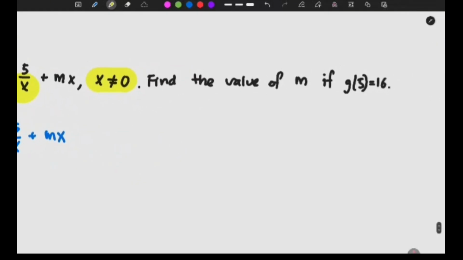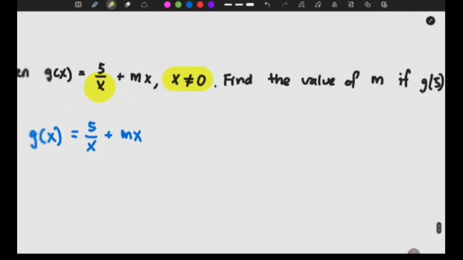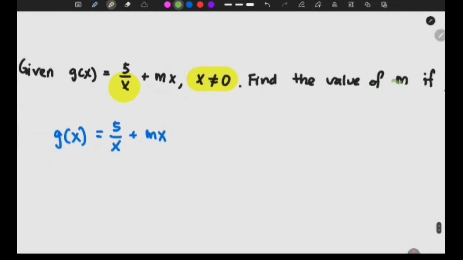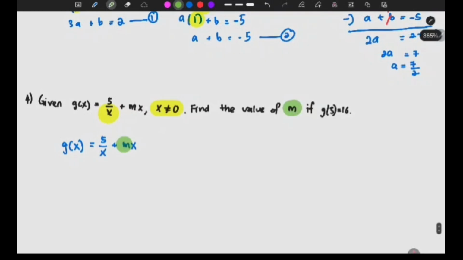Remember I told you, whatever inside your bracket, it's always telling you the x. So g(x), isn't it? So your g(x) now, the x there, you replace with 5. Let's go. So what's your g(x)? This, but now your x is 5, right?